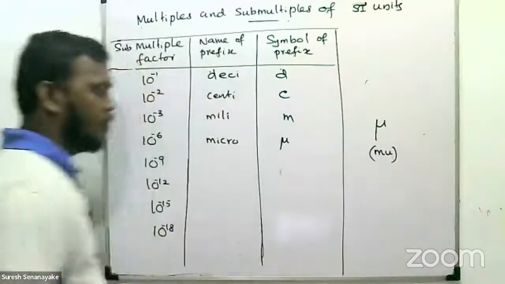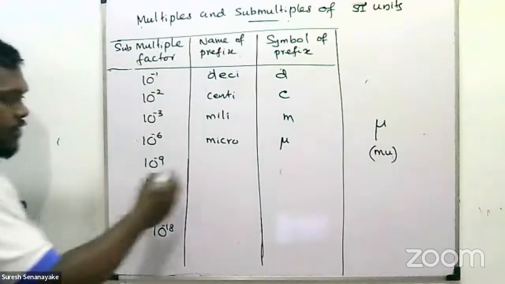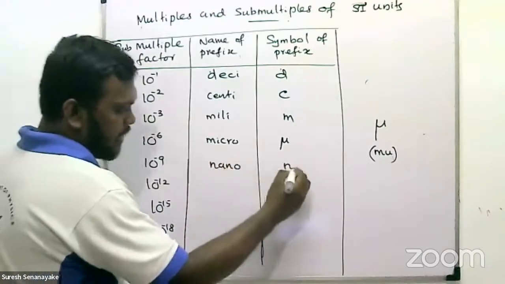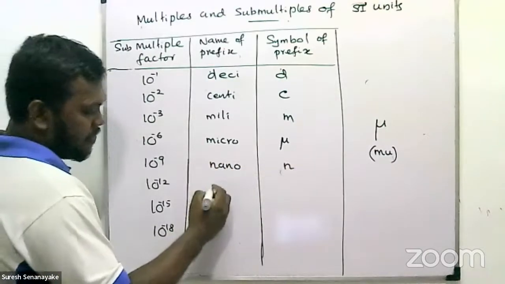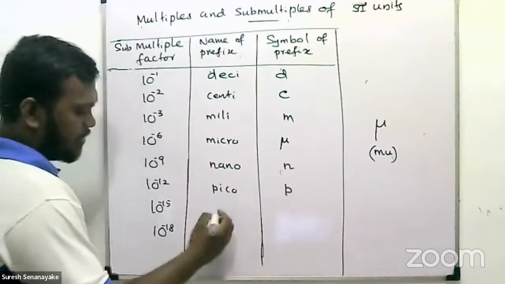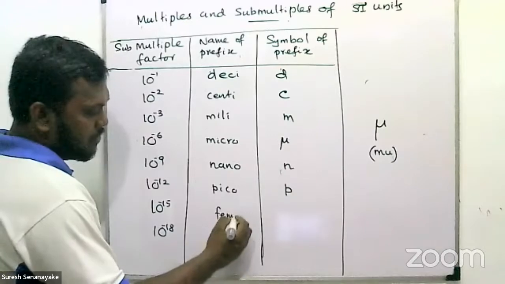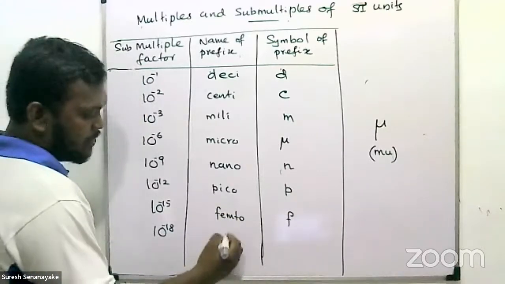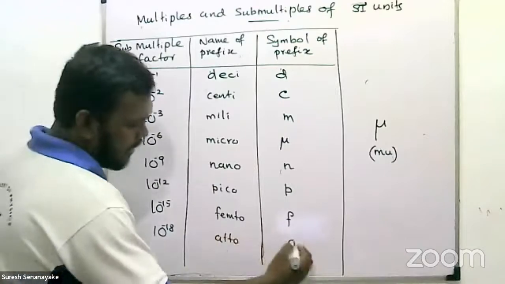And then the next is nano, simple n, and this is pico, simple p, and this is femto, simple f, and this is atto, simple a.